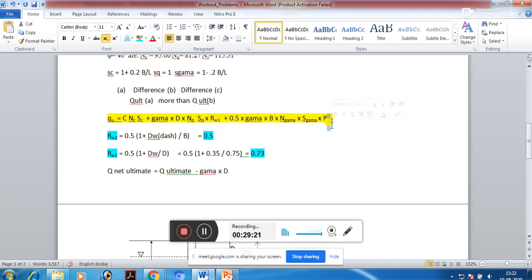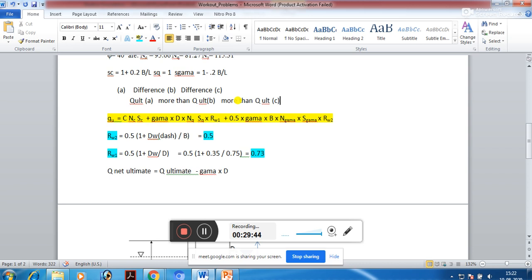On top of that, RW1 instead of 1 you are putting 0.73, so this value will also reduce more, and that way Q ultimate B will be more than Q ultimate C.